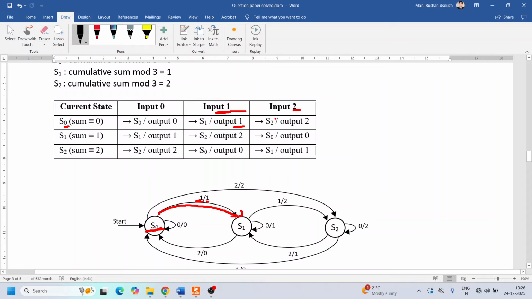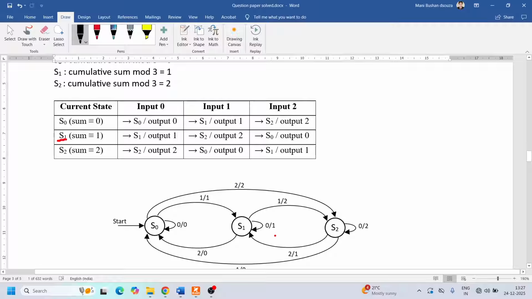So 0 plus 2 divided by 3, the remainder is 2 itself. So in the S0 state, you give 2 as the input, you will get 2 as the output, and you will be at S2. So this is for the state S0.